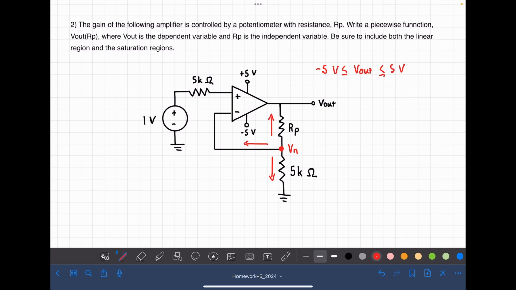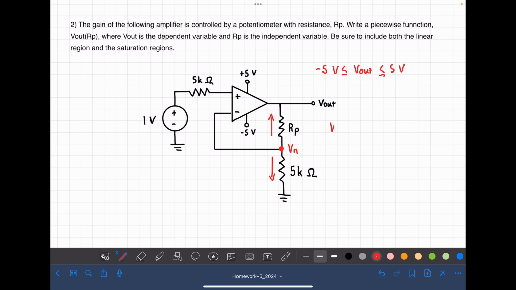We'd think it'd be 3, but if we remember one of the op-amp rules, no current enters our input terminals. So current can enter the output or exit the output, but no current can enter or exit our input terminals. So we only have 2 currents to worry about here.